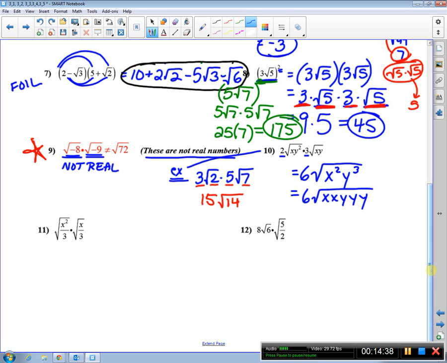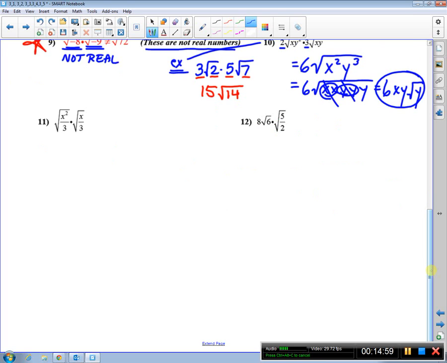You still need this little help. And so an x comes out, a y comes out, and a y stays in. So there we go. 2 more, and we're done.